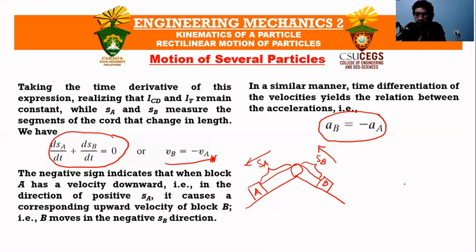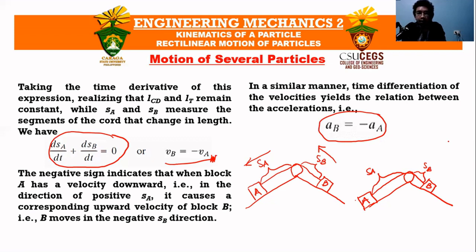So the length SA will get longer as block A is going downward, and the length SB will get shorter when block B is going upward.